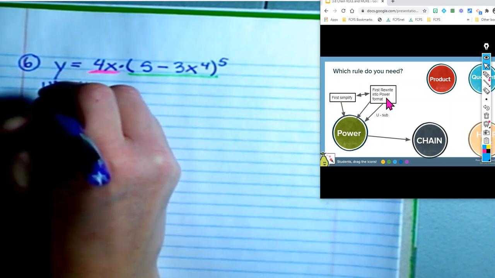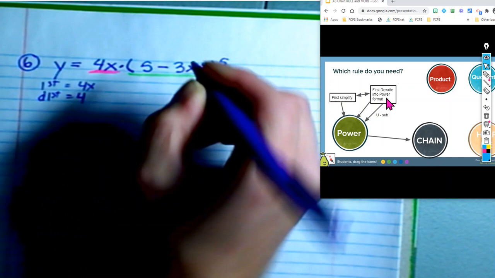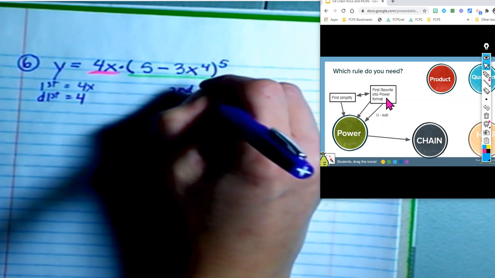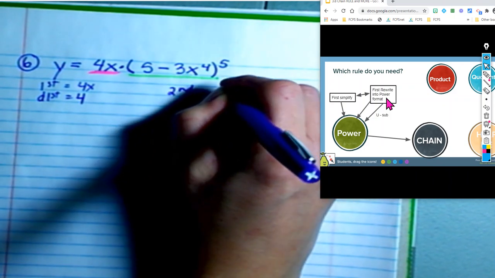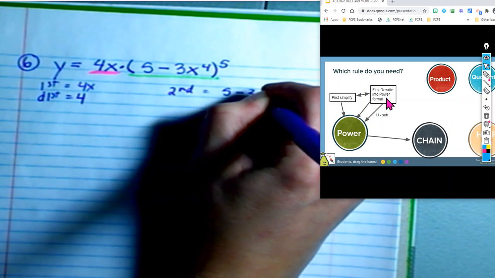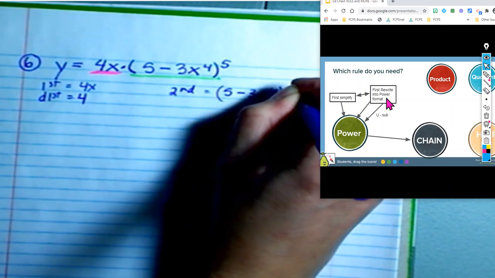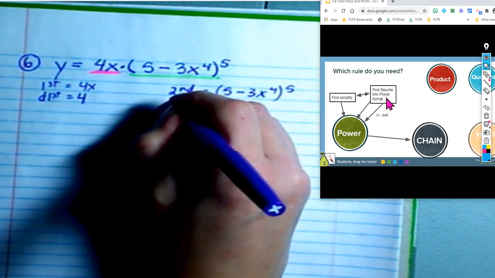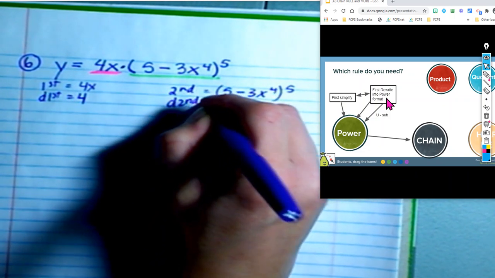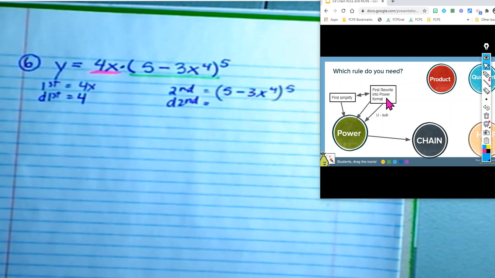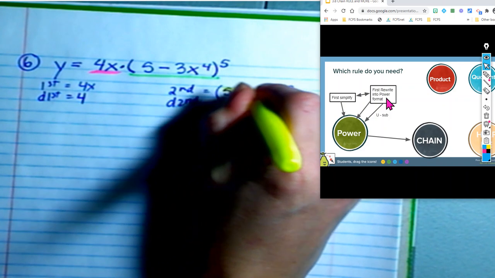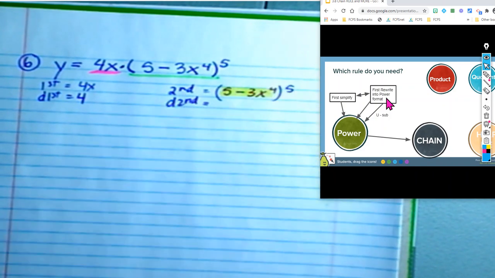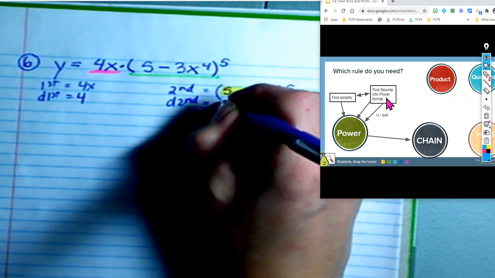First, derivative first. Second. Okay, this is the first piece times the second piece. When you get to doing the derivative of the second, that's where you get the chain rule. So I'm going to highlight my inside piece and then do the chain rule.